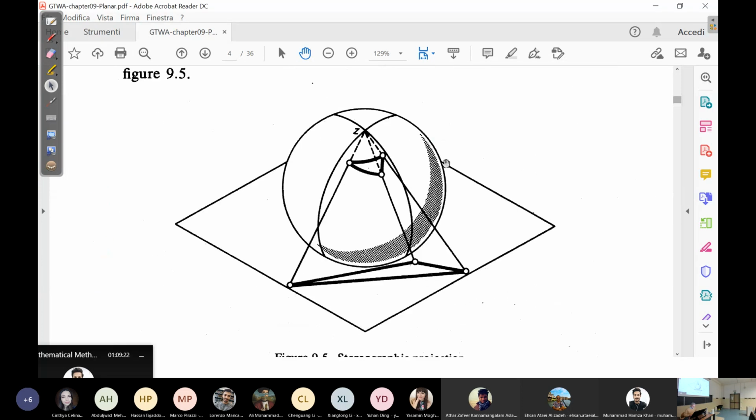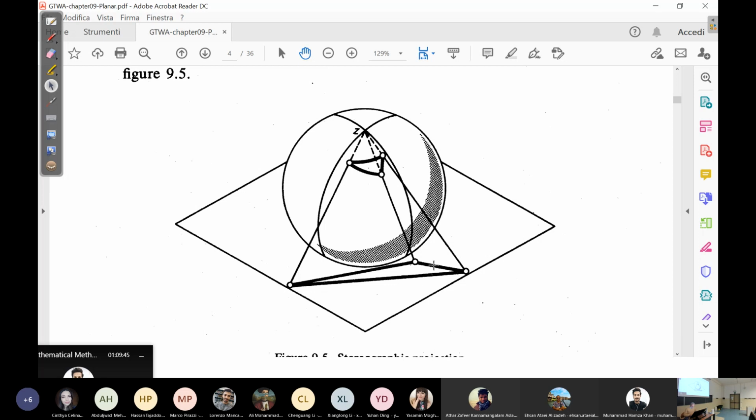Okay, so this is the drawing I was referring to. A graph on the sphere, just taking care that no edge, no vertex goes through the North Pole. Then you have that an isomorphic graph is embedded in the plane.